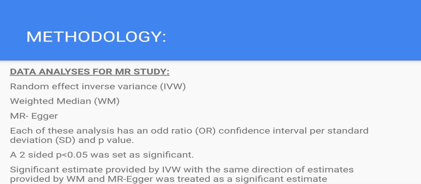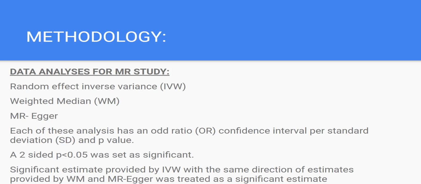Data analysis for the MR study: random effect inverse variance weighted (IVW), weighted median (WM), and MR-Egger. These three methods will be used in this MR study analysis, and they all help us find heterogeneity.